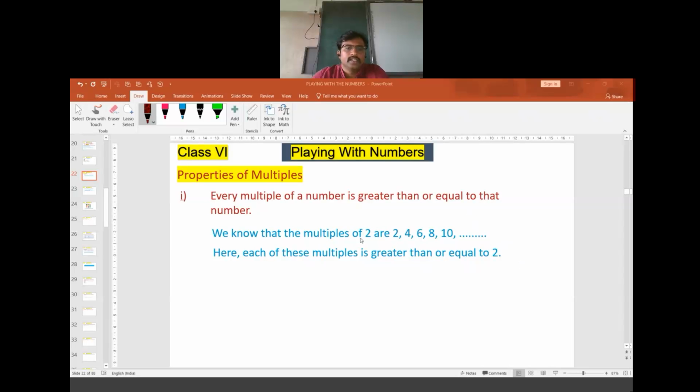If you consider the multiples of 2, the table of 2: 2, 4, 6, 8, 10, 12, and so on. If you observe these multiples, they are 2 or more than 2. This is the first property. Every multiple of a number is greater than or equal to the number.